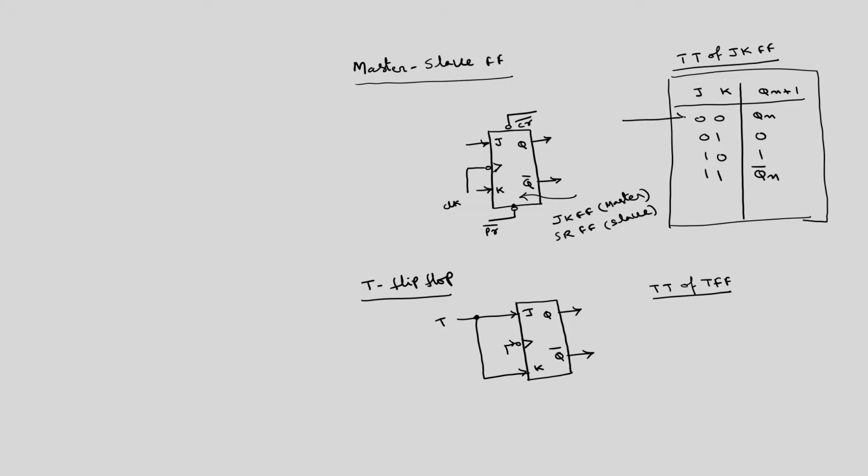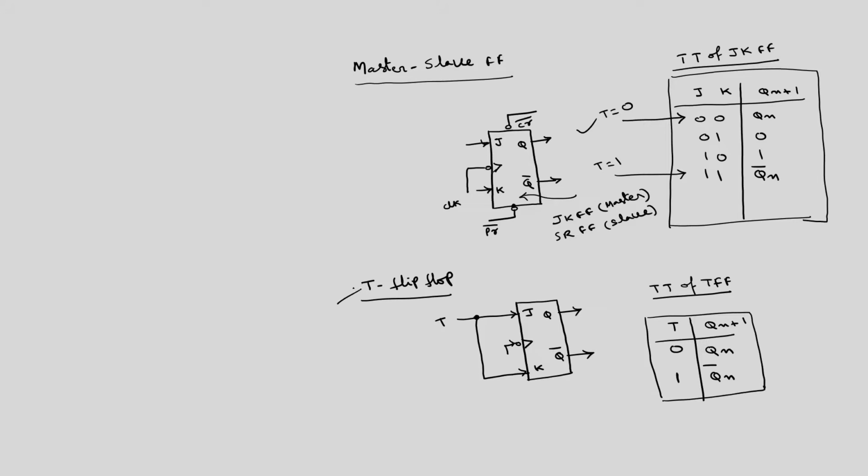So only this condition and this condition are allowed. This condition corresponds to T equal to 0, and this corresponds to T equal to 1. So the simplified truth table is T, Q n plus 1. T equal to 0 corresponds to this, so Q n plus 1 is Q n. T equal to 1 gives Q n complement. This is the simplified truth table of the T flip flop.